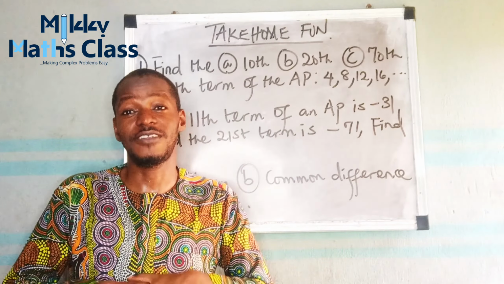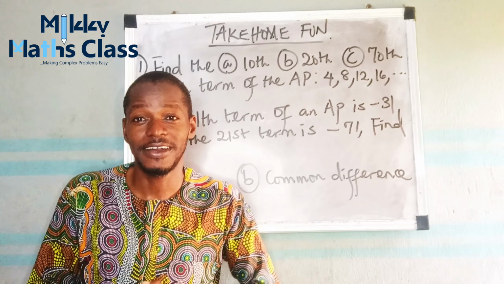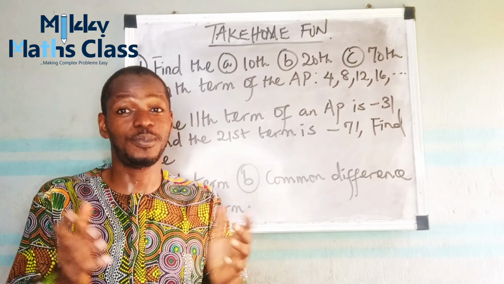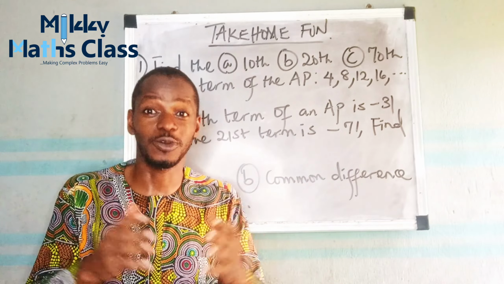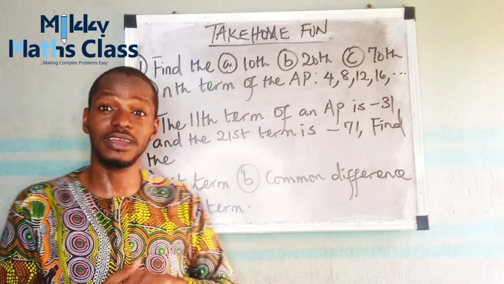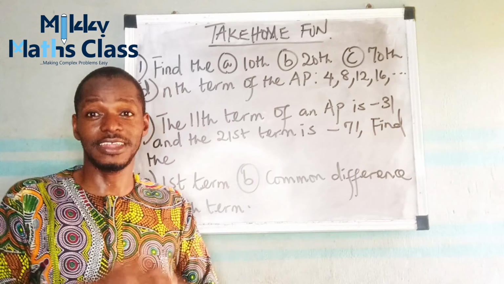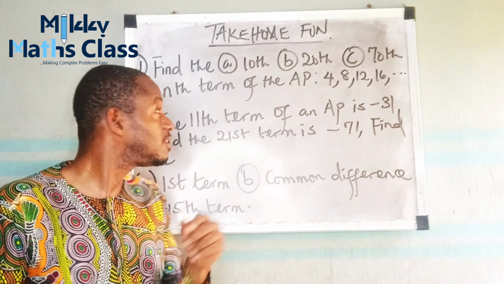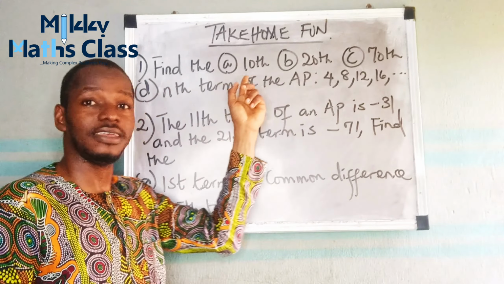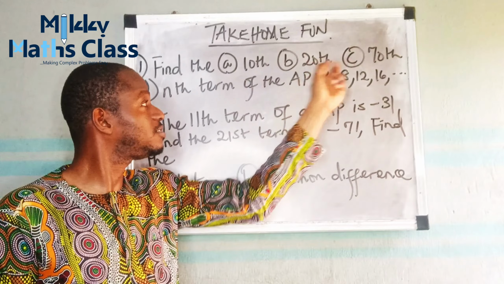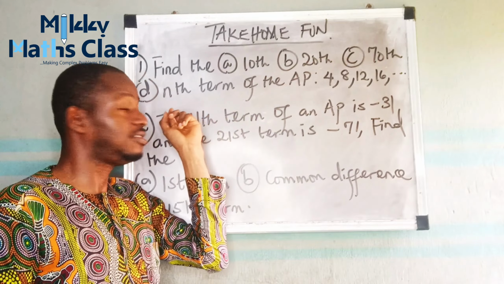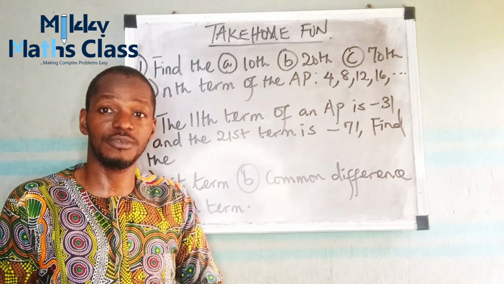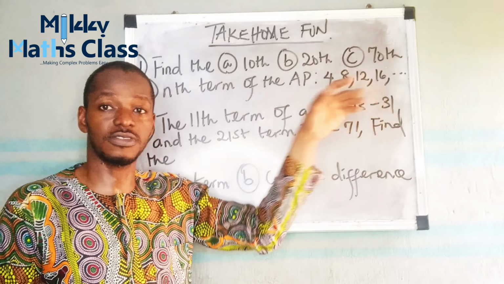All right, I hope we have learned in today's class, and I hope you enjoyed the arithmetic progression teaching. Okay, like in our usual style, here are some take-home exercises for you to practice. The first one says find the 10th, 20th, 70th, and nth term of the arithmetic progression 4, 8, 12, 16.